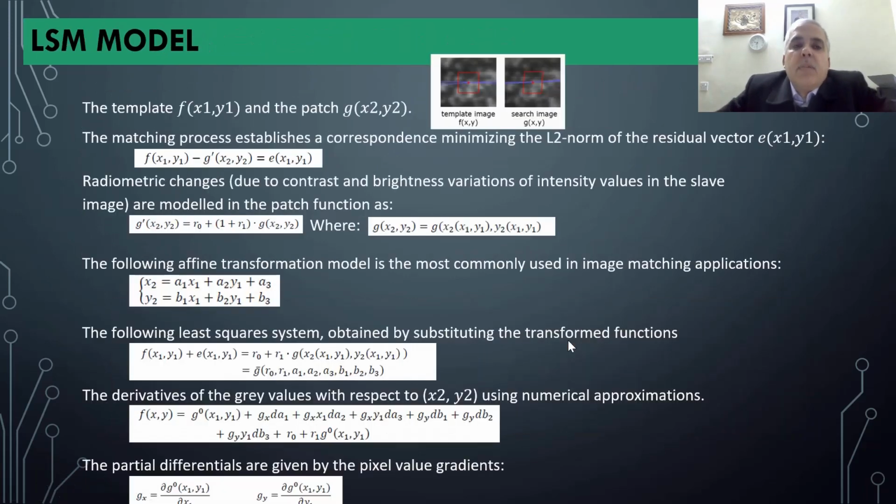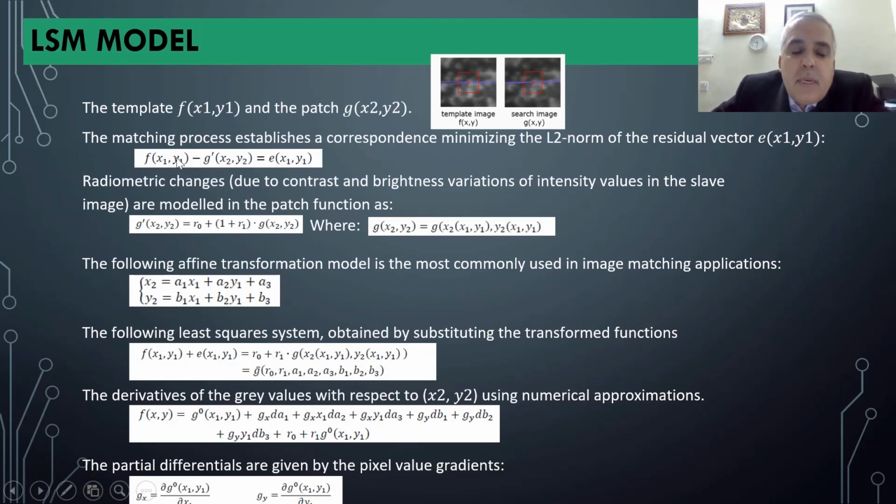Let's derive the least square model. First of all, we have a template, this one, and we have a search window. What we will do, we will modify based on the affine transformation, or shift or rotate the window or skew the window until it will give the minimum error.